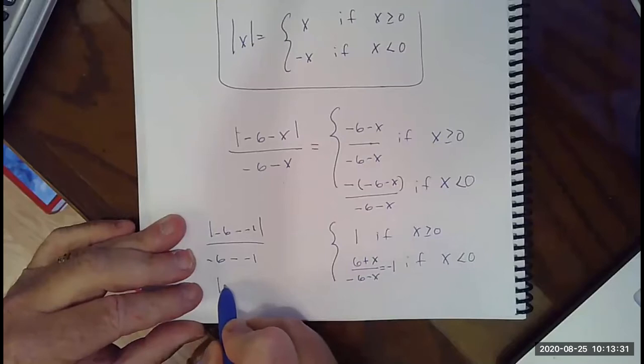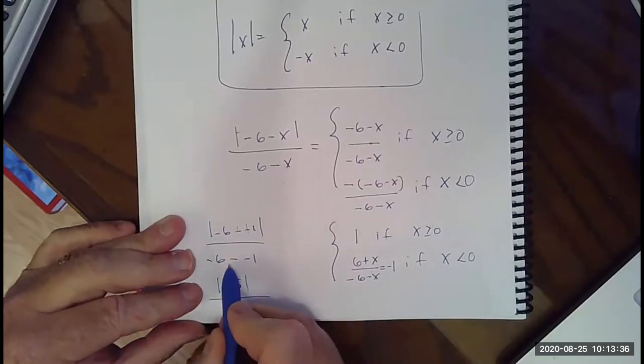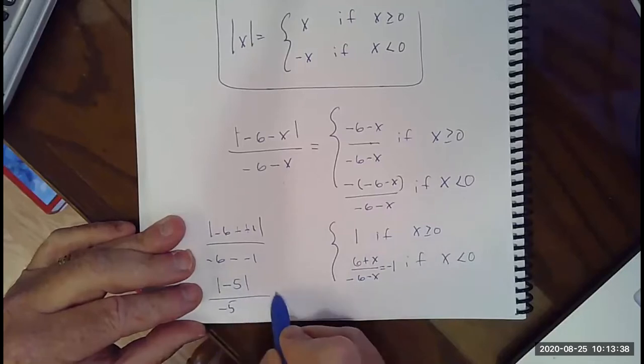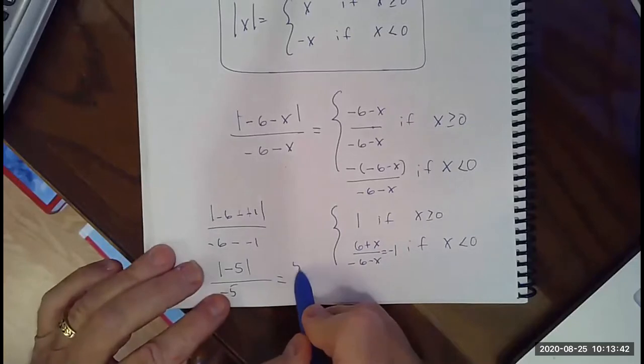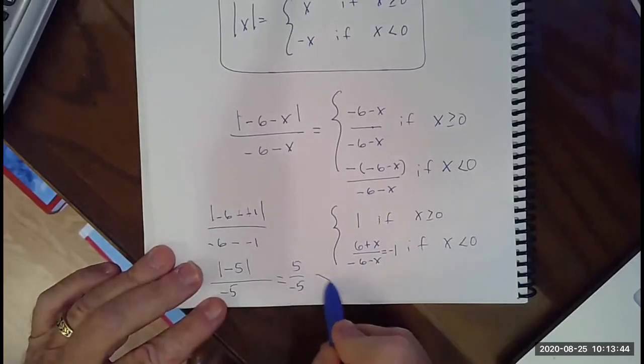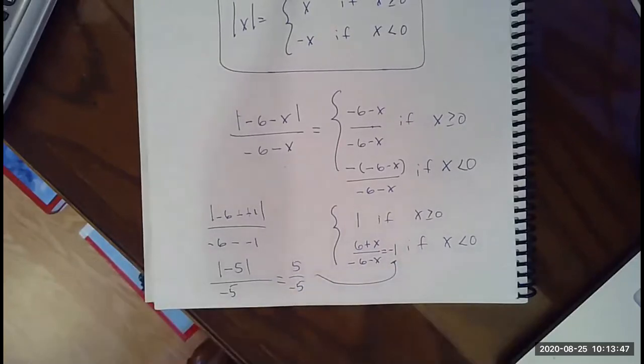That's negative 5 all over negative 5, except the numerator becomes a positive 5. Okay. So I think I was missing the definition of the absolute value with the brackets and the x.